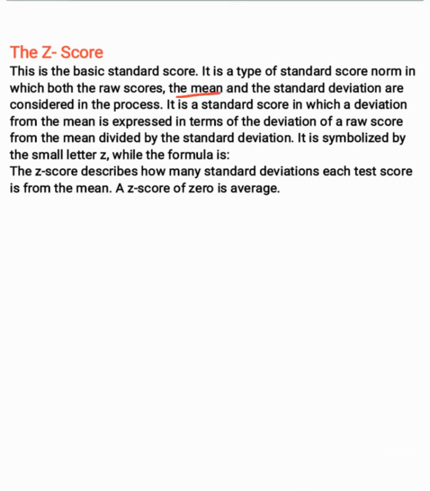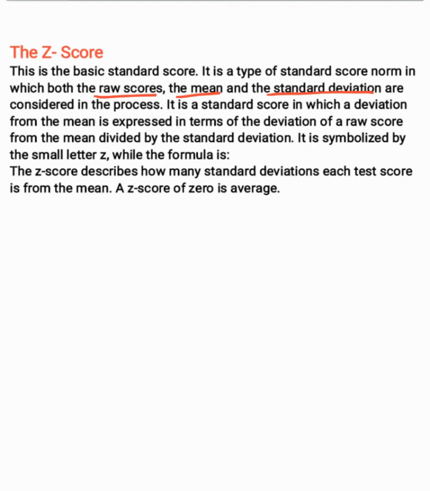The mean, the standard deviation, the raw scores, they are all considered whenever we talk of the Z scores. It is a standard score in which a deviation from the mean is expressed in terms of the deviation of a raw score from the mean divided by the standard deviation.